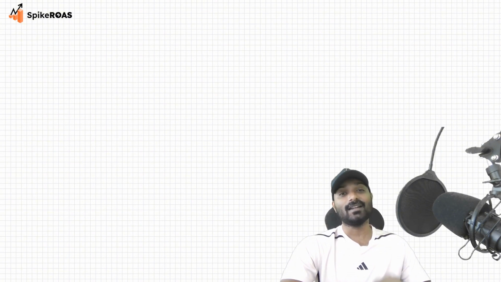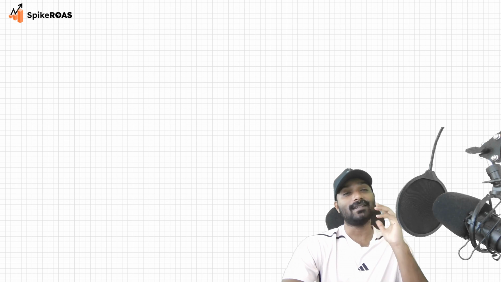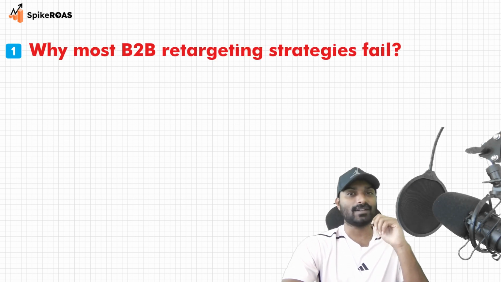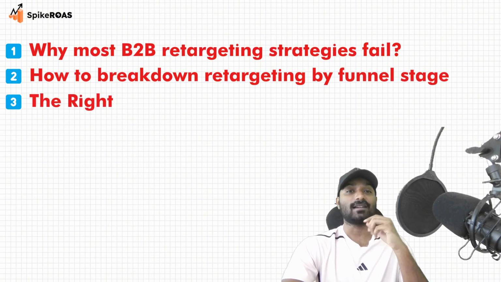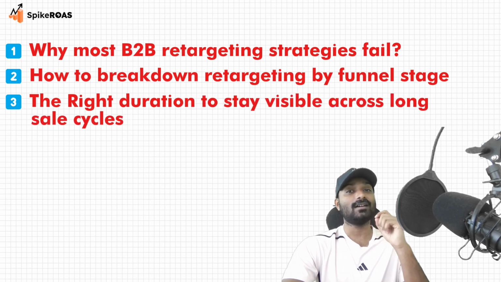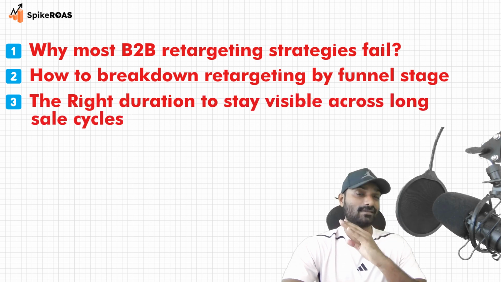Here's what we will cover in the next few minutes of this video. Let's understand the topics. So the first is why most B2B retargeting strategies fail. Second will be how to break down retargeting by funnel stage. Our third topic will be the right duration to stay visible across long sales cycles.